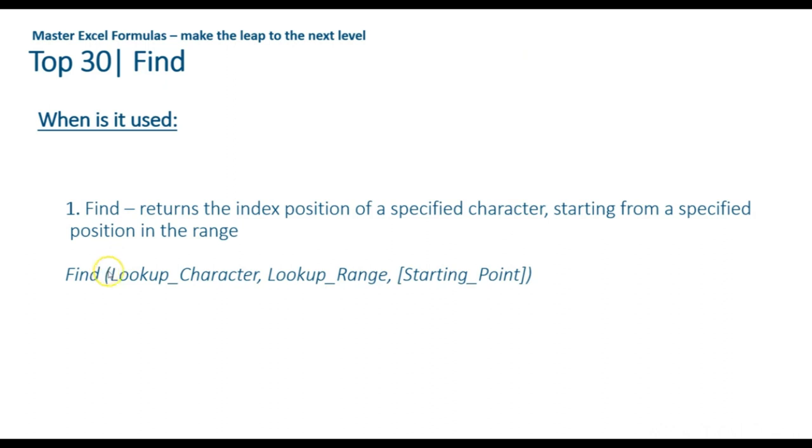The way the formula is written, first of all, we need to have the lookup character, usually in quotes, and then we need to have the lookup range, and an optional thing here is the starting point. I'll show you one example without this option, and one example with the option as well.